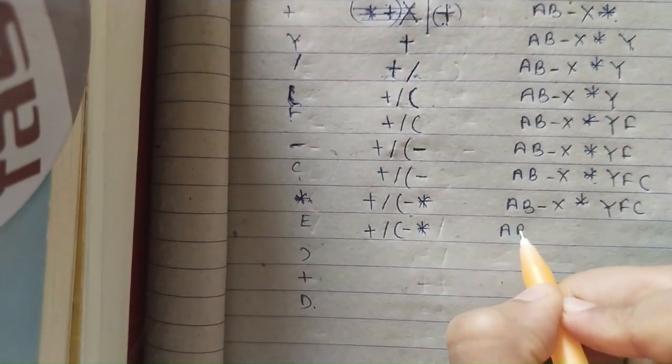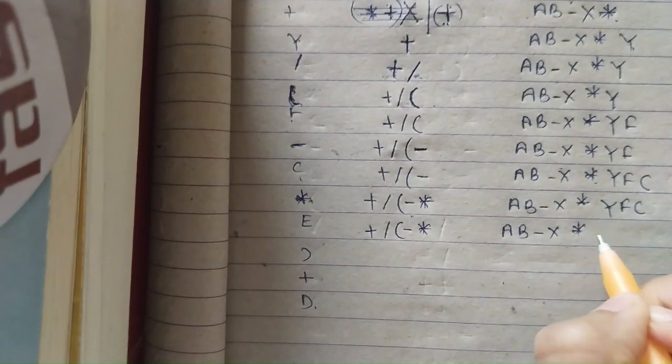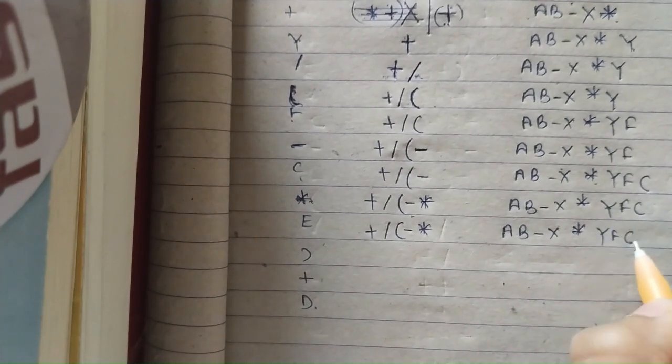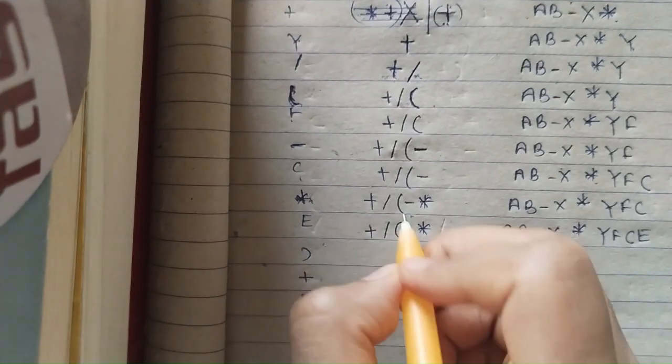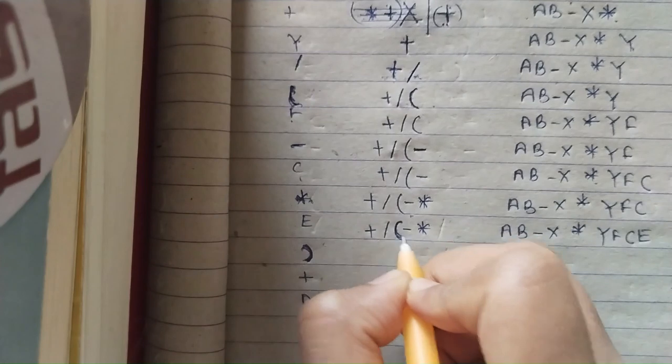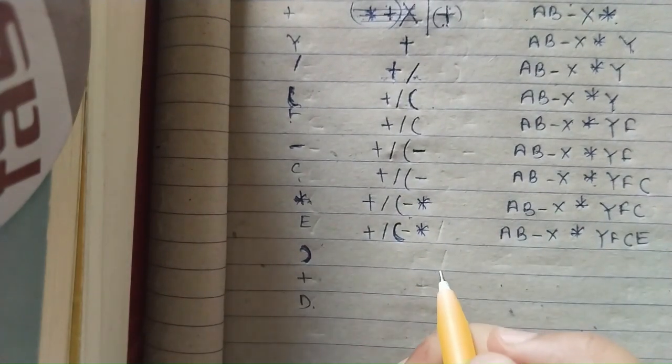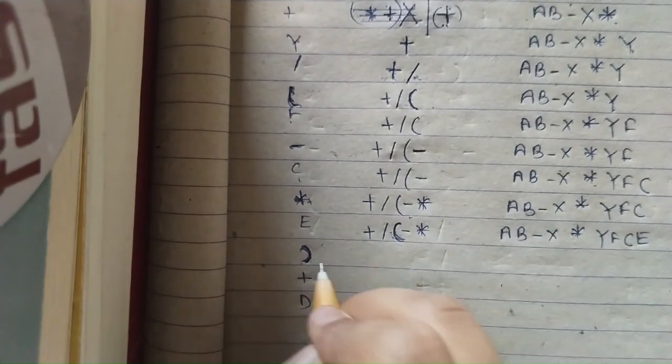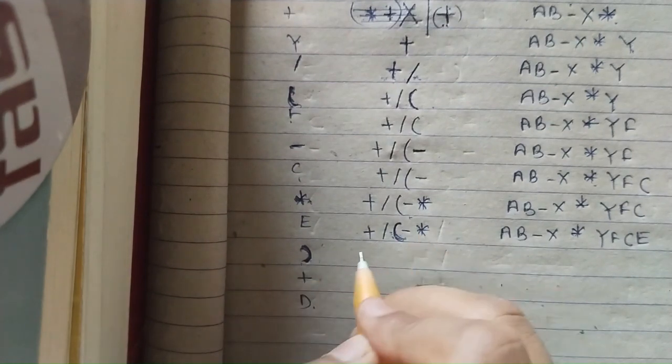So A, B minus X into Y, F, C, E. Next, now you come across this particular bracket. These two brackets are opposite in nature, so these two will get cancelled out.